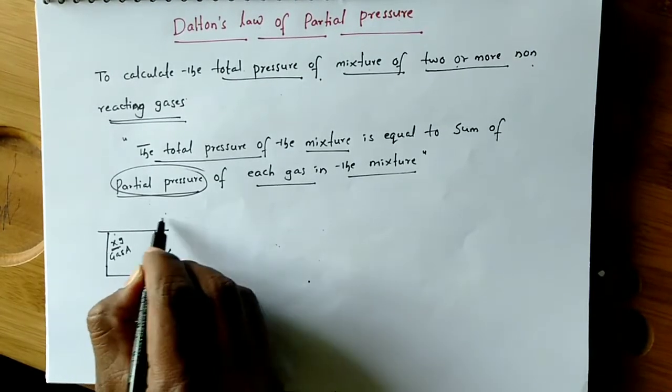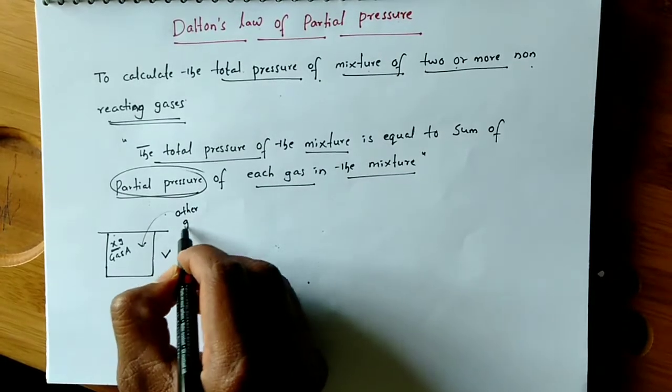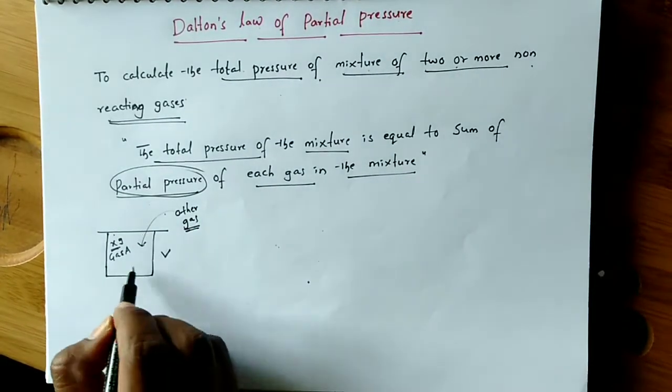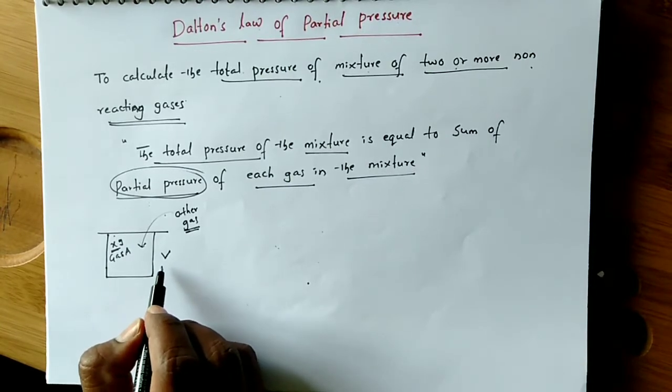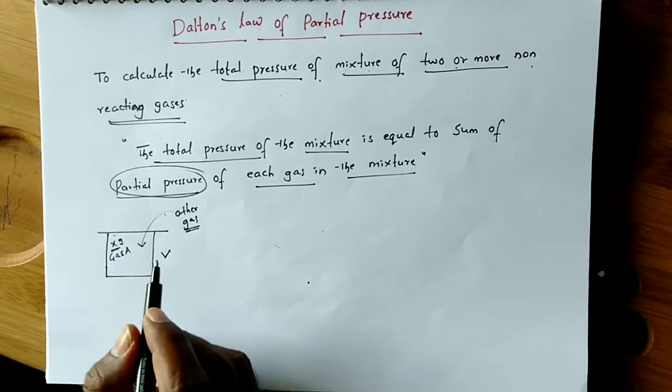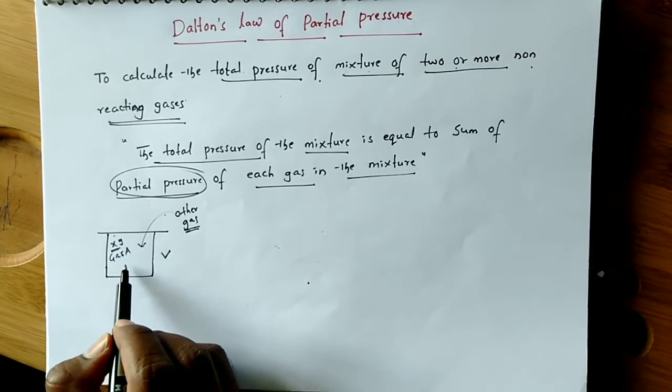But in the same volume, if I add some other gases to this container of volume V, at constant volume, the pressure exerted by this gas A will be different.